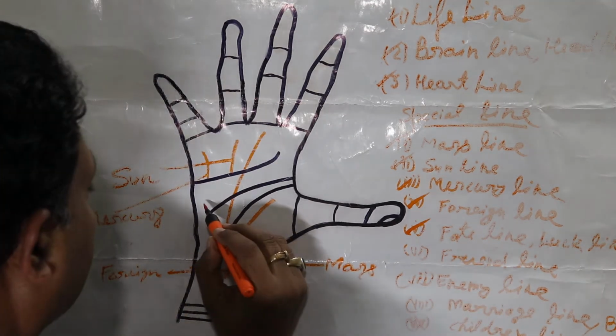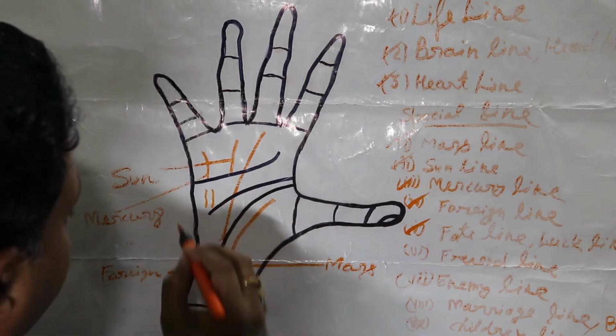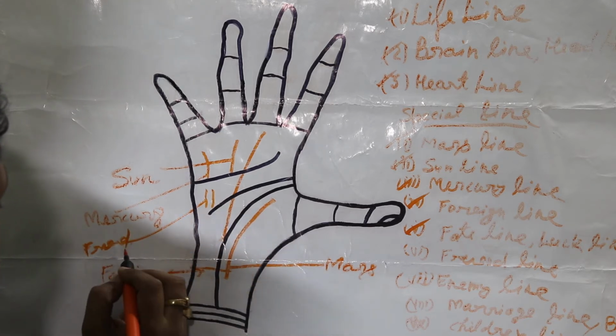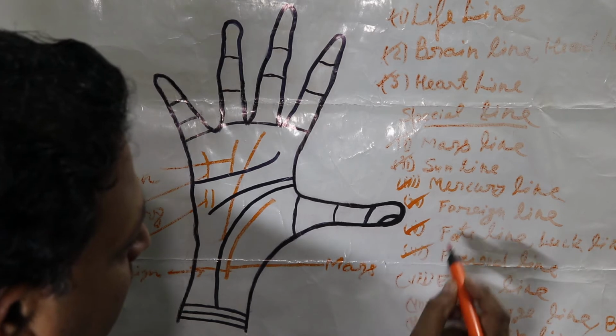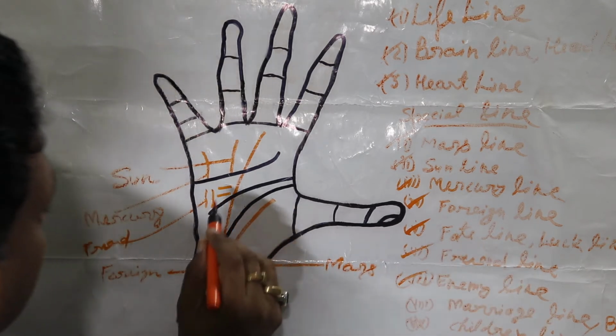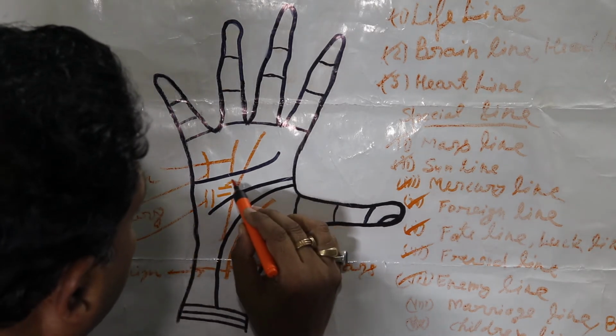Friend lines are the vertical lines at the Mars mount. Enemy lines are horizontal lines on the Mercury mount and the Mars mount.